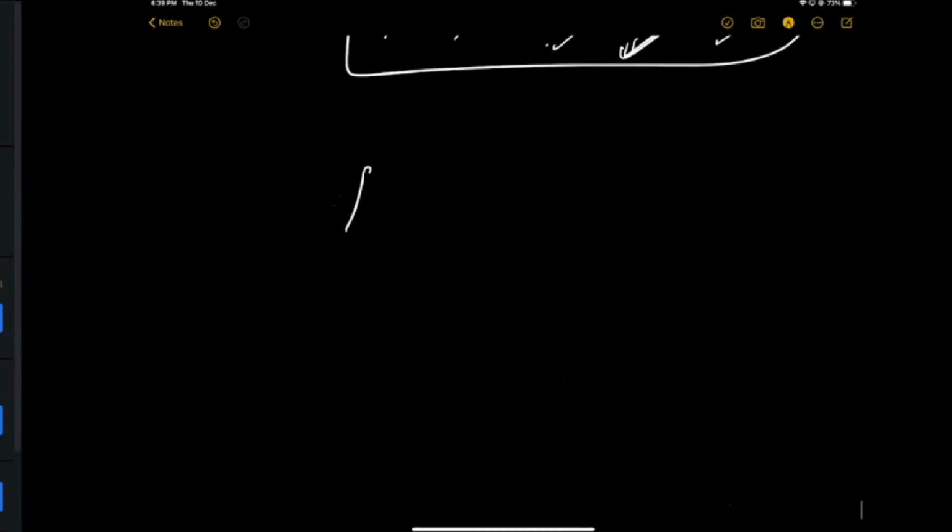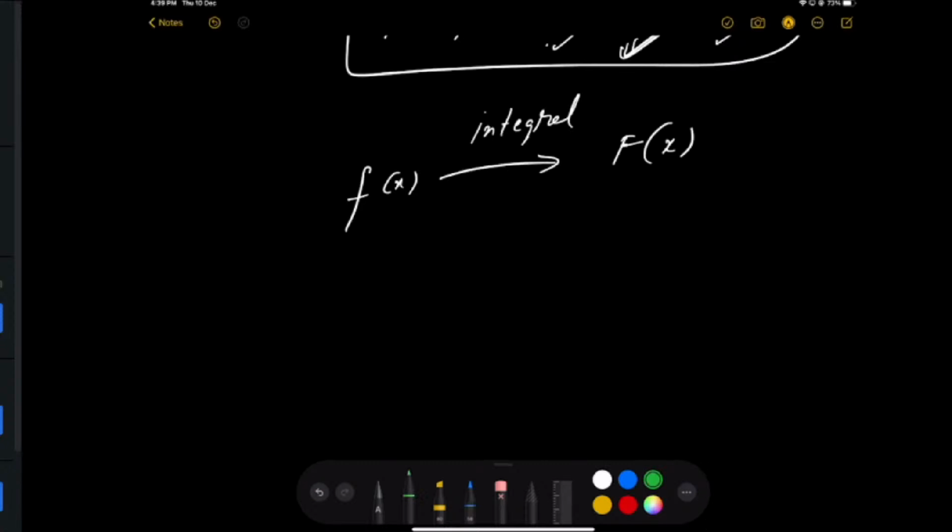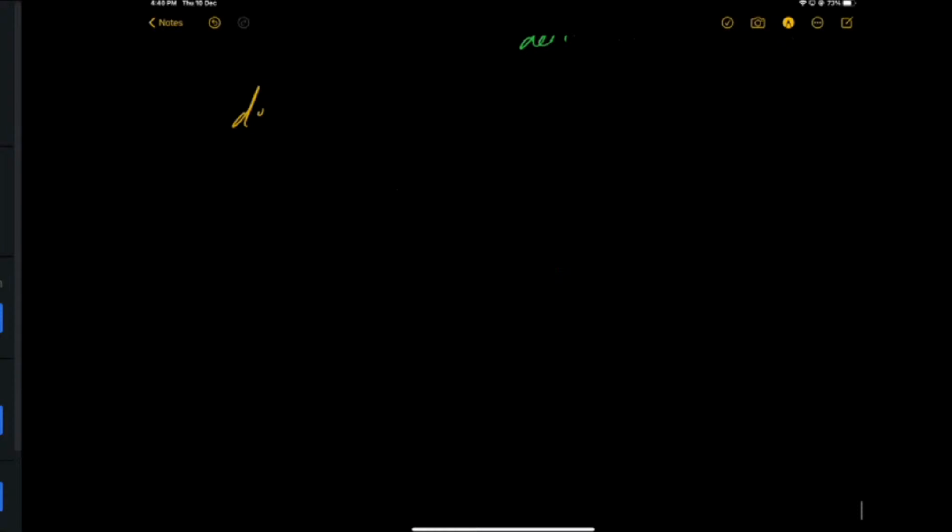If f of x has integral capital F of x, then the derivative of capital F of x is small f of x. I'll write derivatives on the left hand side and integrals on the right hand side. You'll understand. So derivatives.